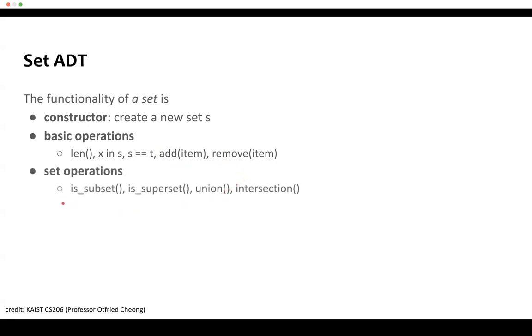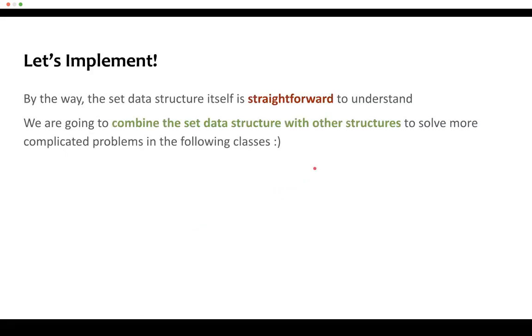And there are some set operations. So we need to be able to check whether one set, let's say S, is a subset of T, or S is a superset of T. And we also want to conduct union and intersection operations. And iteration is another functionality we need to implement, right?